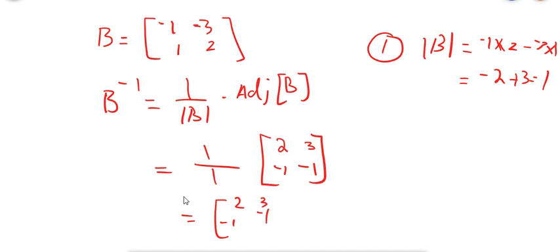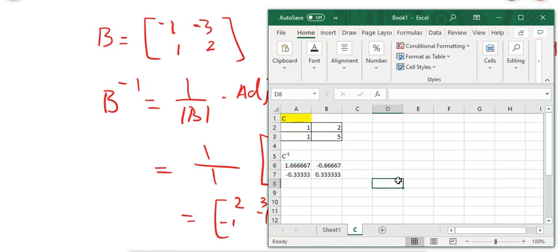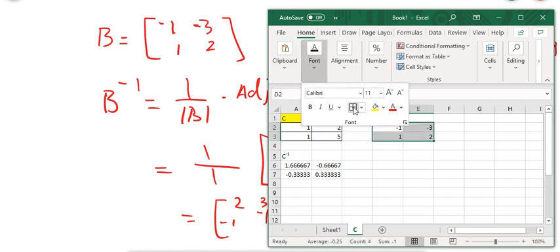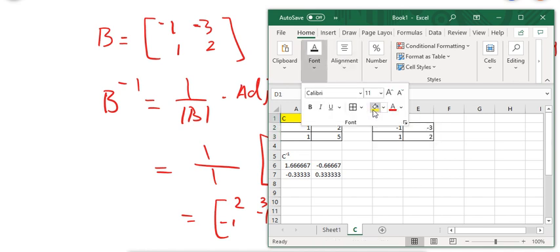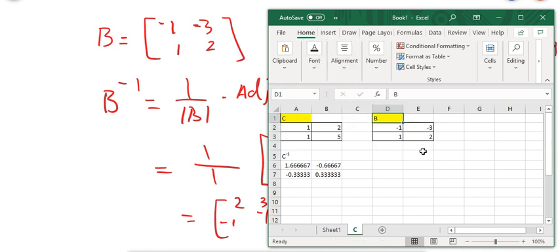Let us check our answer to see if it is correct or wrong, by using Excel. So B is equal to minus 1, 1, minus 3, 2, and we want to find the B inverse.